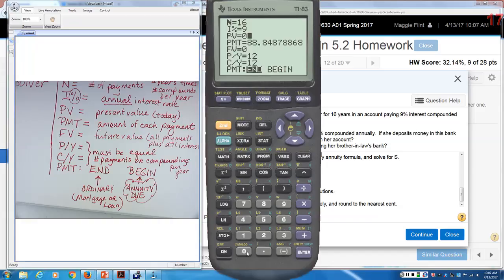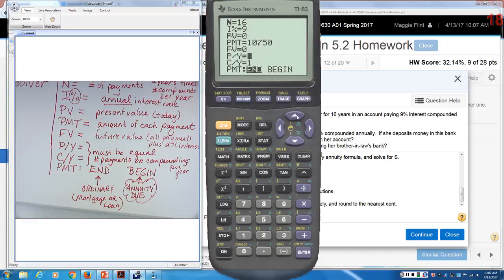It's asking me what is her future value going to be. It gives me her payment amount. Her payments are $10,750. Her future value is what I'm looking for. And she makes payments once a year. And notice that as soon as I move it down to compoundings per year, it changes it to the same number. And she makes her payments, it says, at the end of the year.